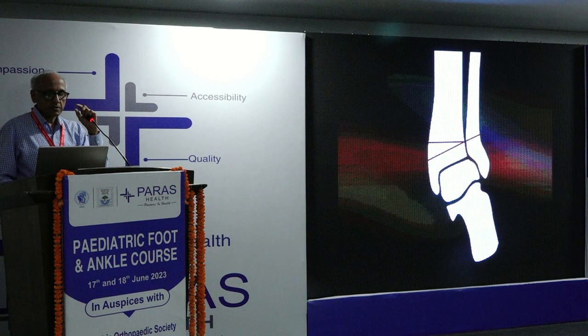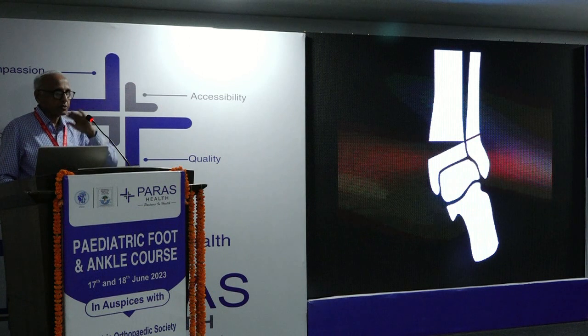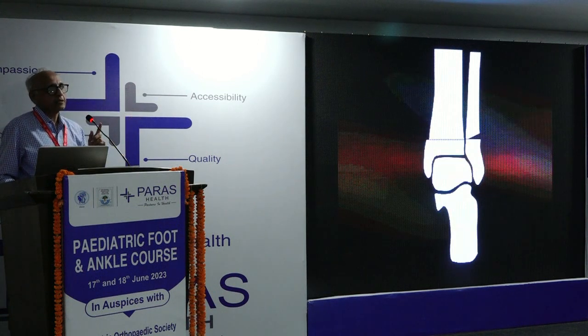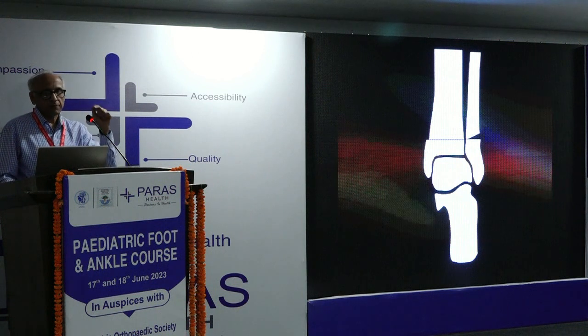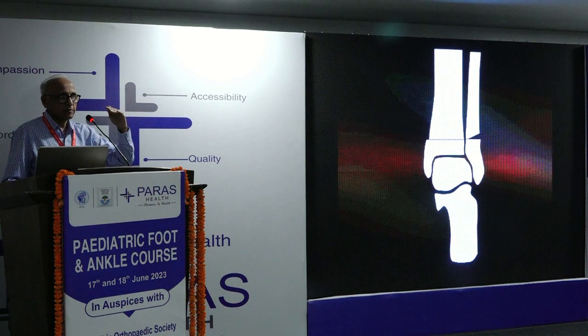Before we take out the bone, we need to cut the fibula at the same level, because the fibula will not allow the deformity to correct. So we take out the triangular wedge and then we correct the deformity. This emphasizes that it's important to cut the fibula at the same level.